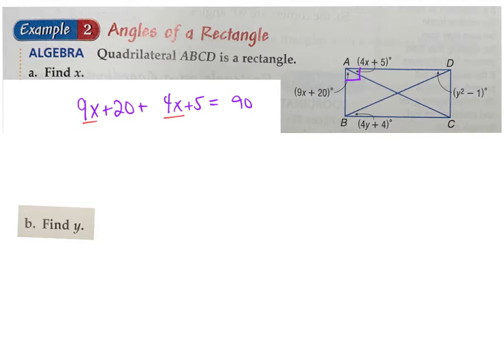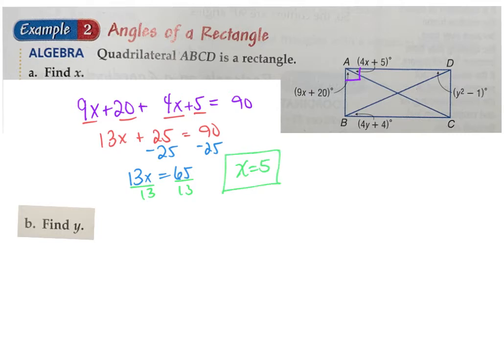Combine my like terms here. And then solve, of course, for x. x equals 5. All right. They then want us to find y. So if you flip the page, they want us to find y.